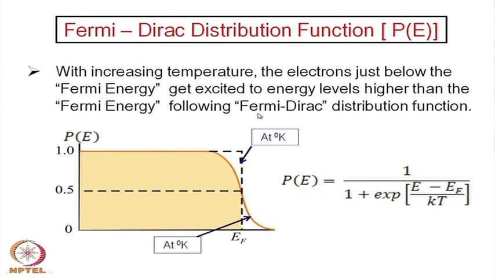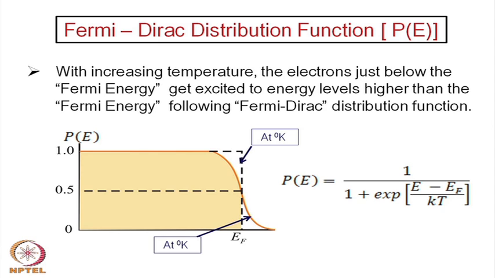However, there are two ways by which the electrons can acquire some additional energy. One is the external electric field. Under that condition, some of the electrons will acquire higher energy and go to the higher energy level above the so-called Fermi energy. The other way of acquiring energy is, of course, by temperature.